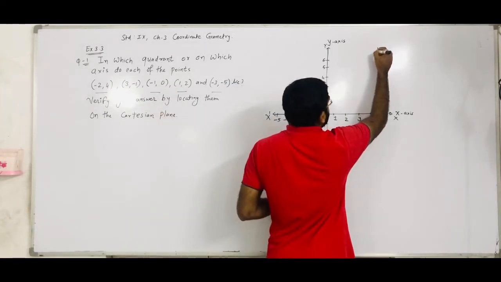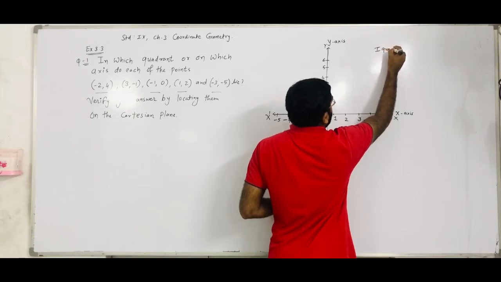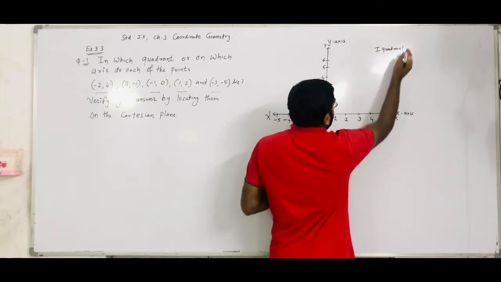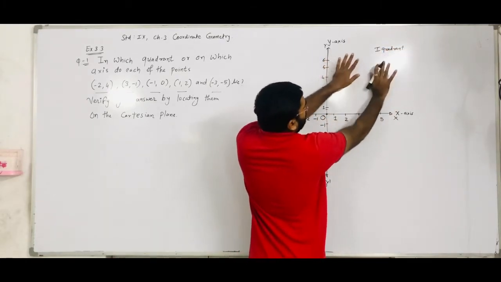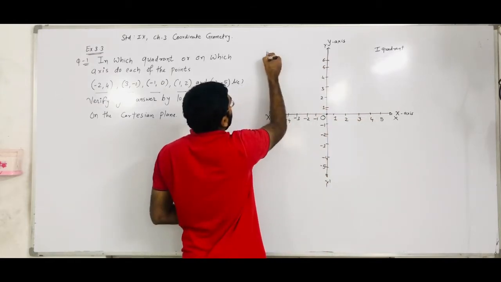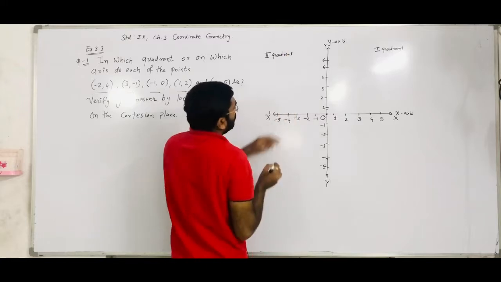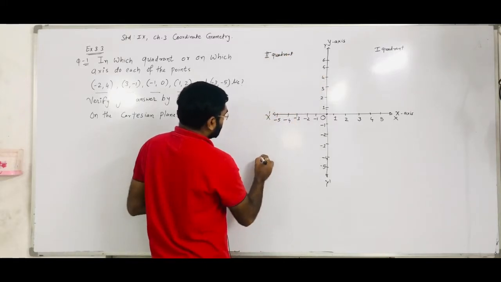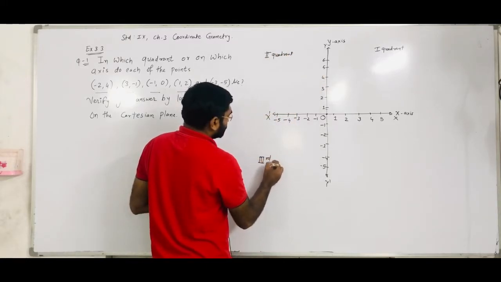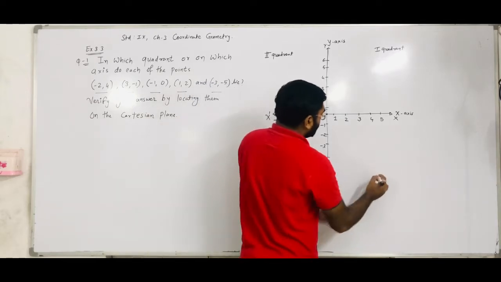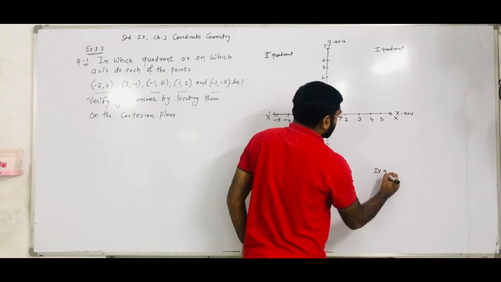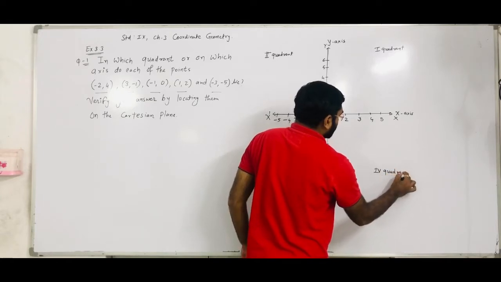Here we represent the 4 quadrant names. This is the first quadrant. This is our second quadrant, going anti-clockwise. This is our third quadrant. And that one is our fourth quadrant.